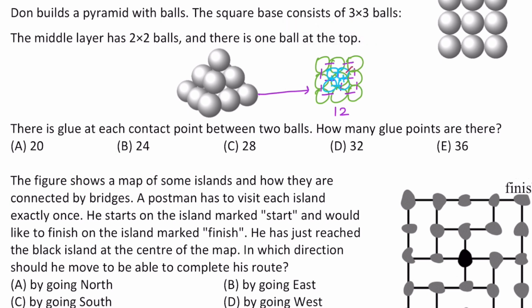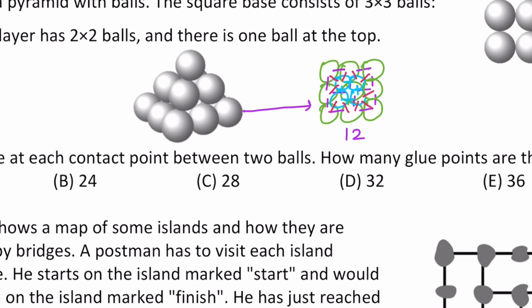So, 1, 2, 3, 4, 5, 6, 7, 8, 9, 10. 10 contact points plus the 4 that were there. Just trying to look closely here. So 1, 2, 3, 4, 5.